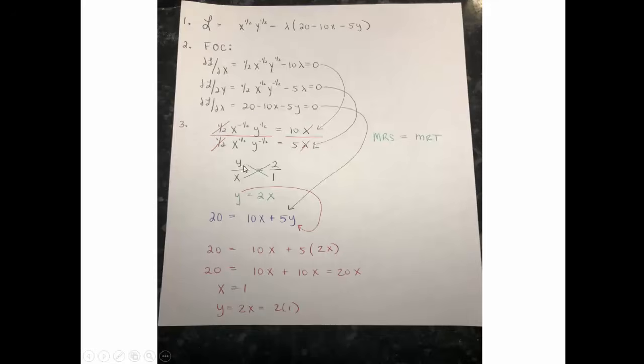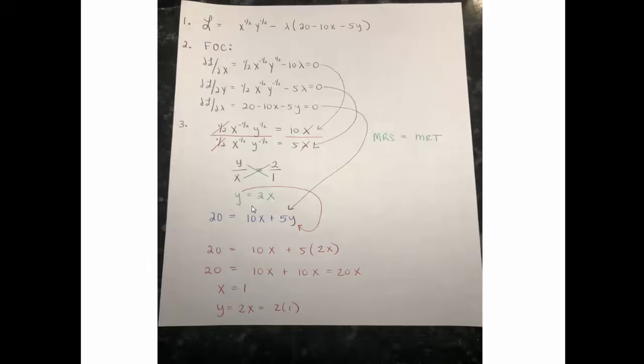Doing this also allows me to more readily simplify the left-hand side, which in this case becomes y over x. What I want you to see here is that what we've done is essentially setting the marginal rate of substitution equal to the marginal rate of transformation. From this equation we can solve for y, and that's exactly the same equation for y in terms of x that we got from the previous method.